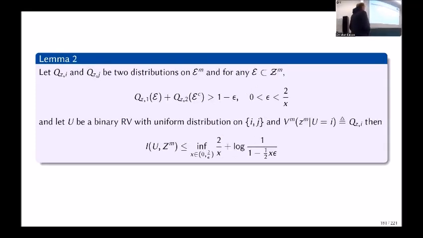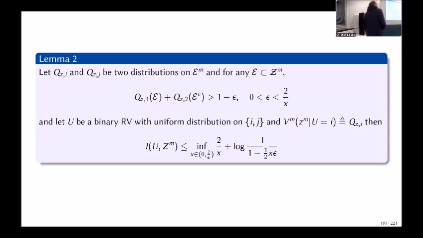And the second lemma says if we have two distributions on Z^n, for any E which is a subset of Z^n, then we have that Q_Z1 of E plus Q_Z2 of E complement is greater than 1 minus epsilon.